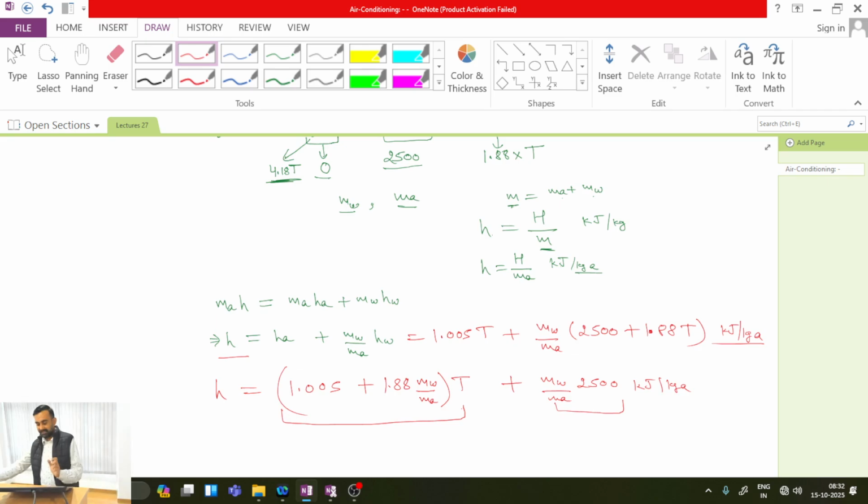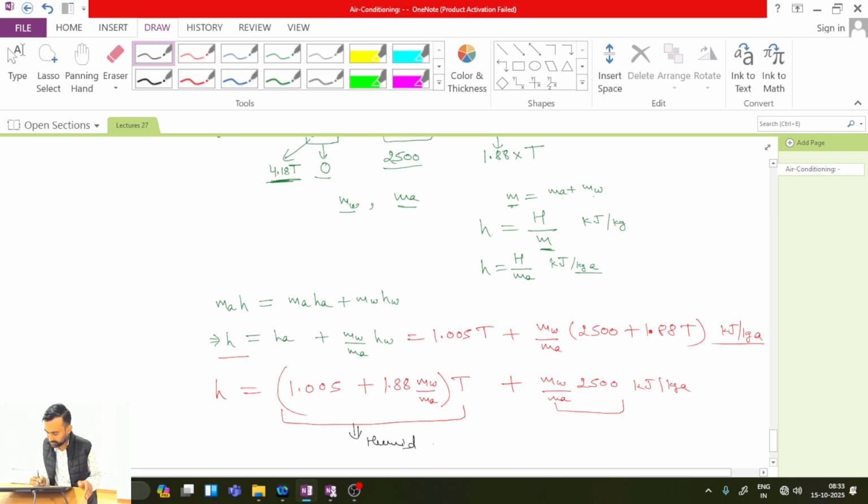Typically we know that the sensible enthalpy change in the gaseous state is written as Cp into T. So this entire quantity I can call the humid specific heat, or the specific heat of moist air at constant pressure.